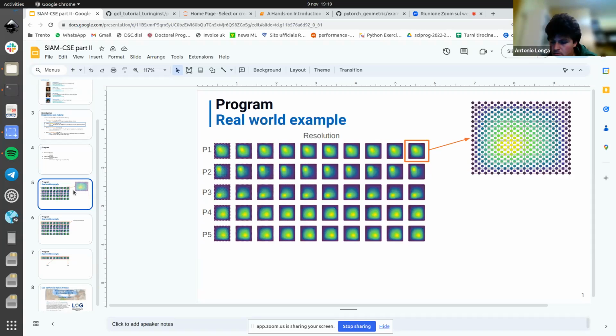There is the thermal equation that tells you this. And here, what we are trying to do is to use graph neural networks to predict this evolution of the propagation of the heat in a specific material.